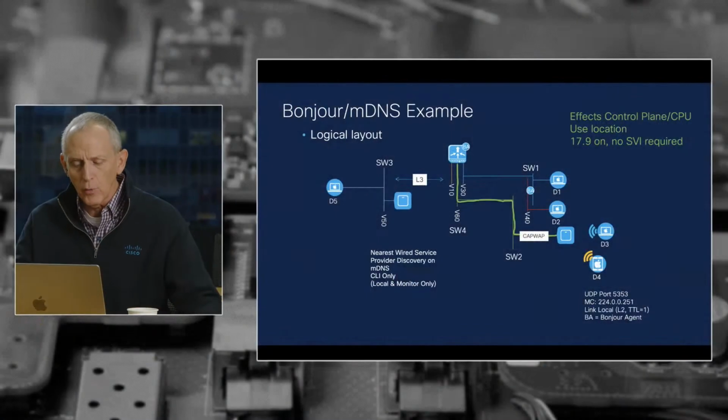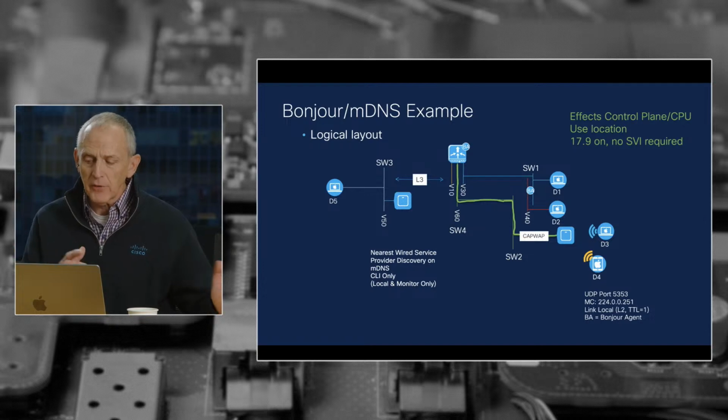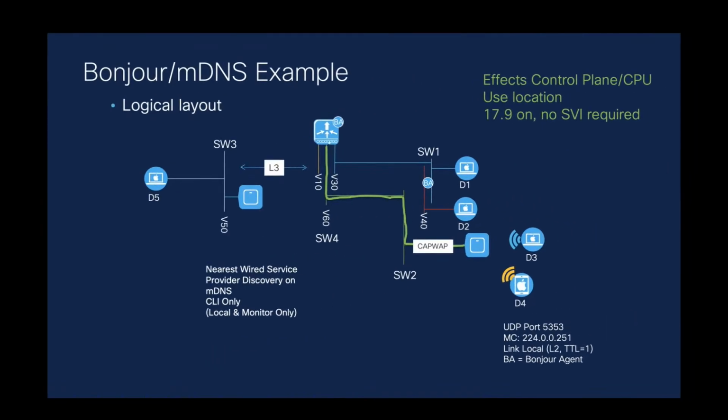If you look at this particular example, this is the traditional version, if you will, of what we do with mDNS on wireless. So if you look at the configuration, we have switch 1. Switch 1 has a couple of things plugged into it. You'll notice that switch 1 is trunked to the wireless LAN controller. Then switch 2 just has a traditional, what we call a centrally switched access point.